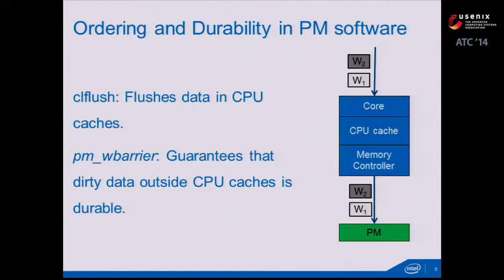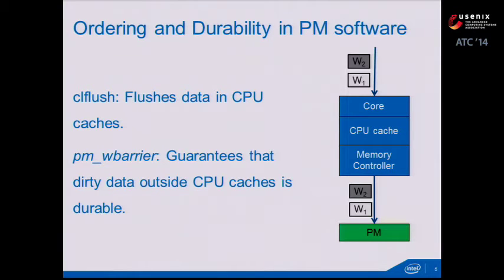So we proposed a very simple model that you can use to achieve the desired ordering and durability, which depends on the disciplined use of two operations. The first operation is an existing instruction, the CLFLUSH instruction, which allows the software to flush the data from the CPU caches. The second primitive is the PM write barrier primitive that we proposed.